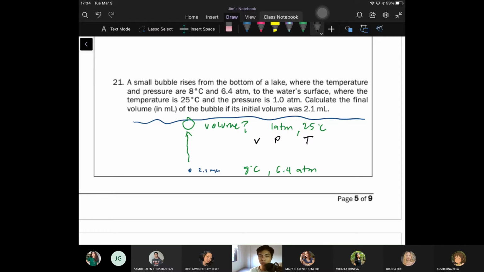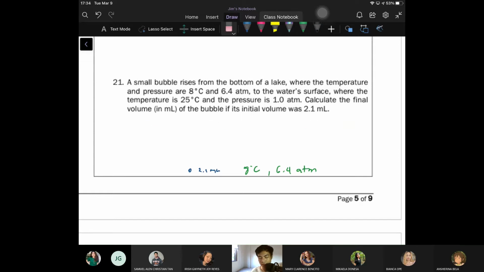Okay, so ano yung combined gas equation? Yun yung P1 V1 over T1 equals P2 V2 over T2. Okay, so yun yung gagamitin natin. Again, kapag tatlong parameters na yung nagbabago, we have to use the combined gas law. Okay, so let's write the combined gas law. Yeah, P1 V1 over T1 equals P2 V2 over T2.